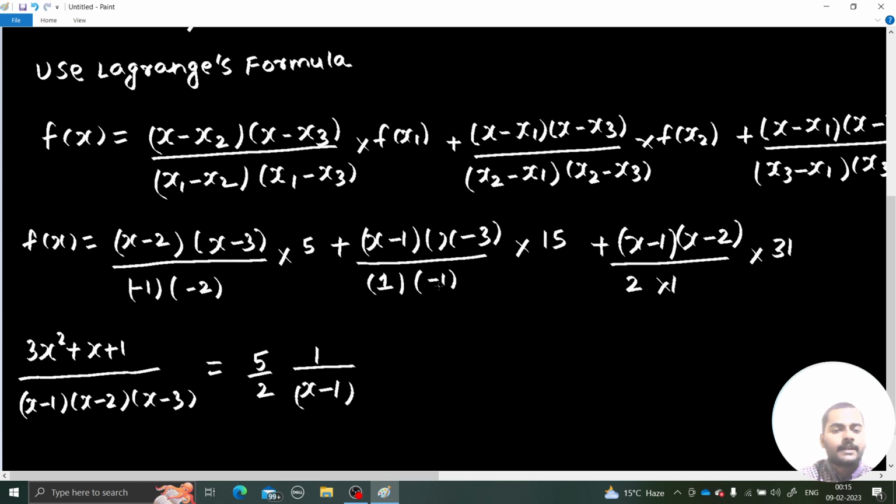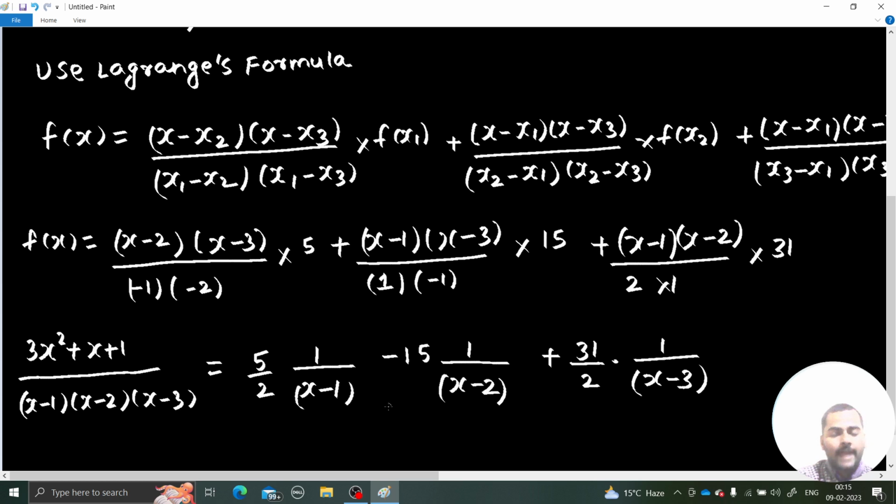Here this is negative, so I will get minus 15 and x minus 2 in the denominator. Here I will get 31 by 2 and x minus 3 in the denominator. So the right hand side, whatever you are seeing, is the resolved partial fraction.